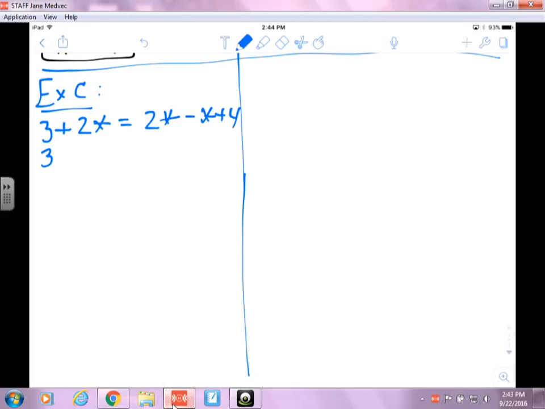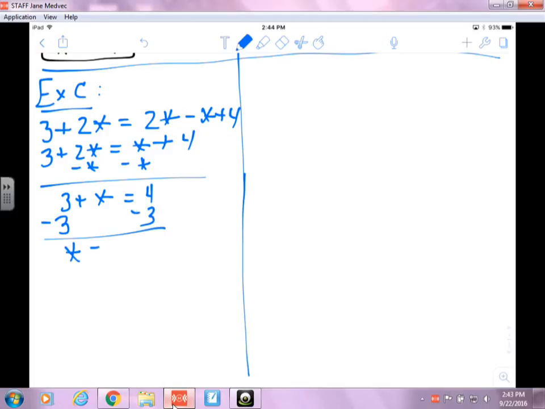And then it was 3 plus 2 star equals star plus 4. Okay, and then I said we could take a star away. So I have 3 plus star equals 4, and then I can do what? Yep. Subtract. Subtract 3, very good. So subtract 3, star equals 1.